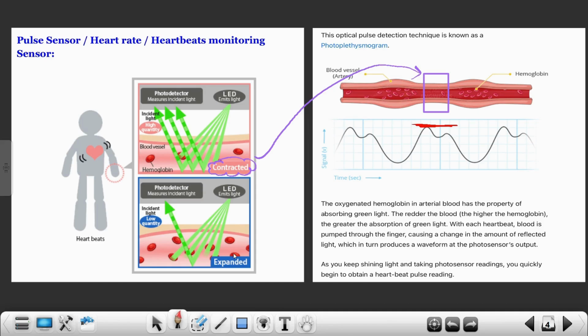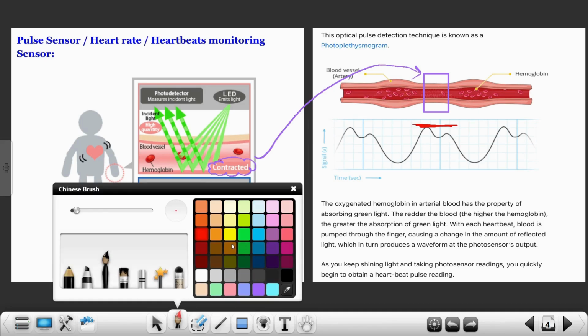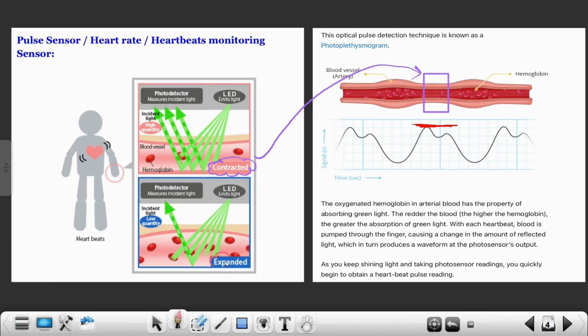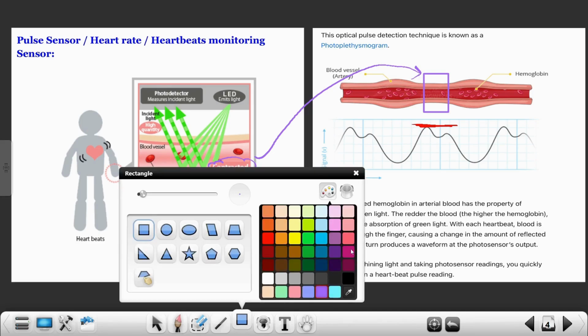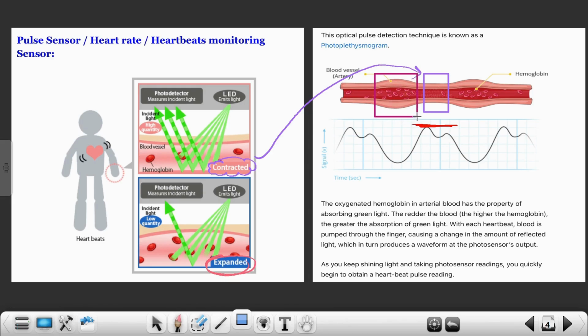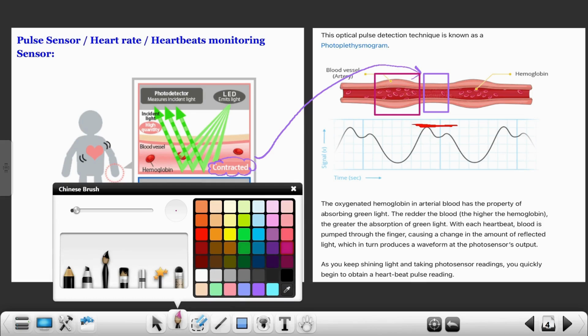When my arteries are expanded, I'm talking about this particular case. Let me highlight it over here.